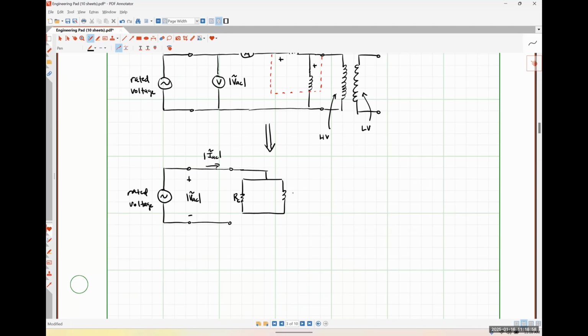And so here we have RC, here we have jXM, here we have REQP, and here we have, excuse me, that should be a coil, jXEQP, and then open circuited.